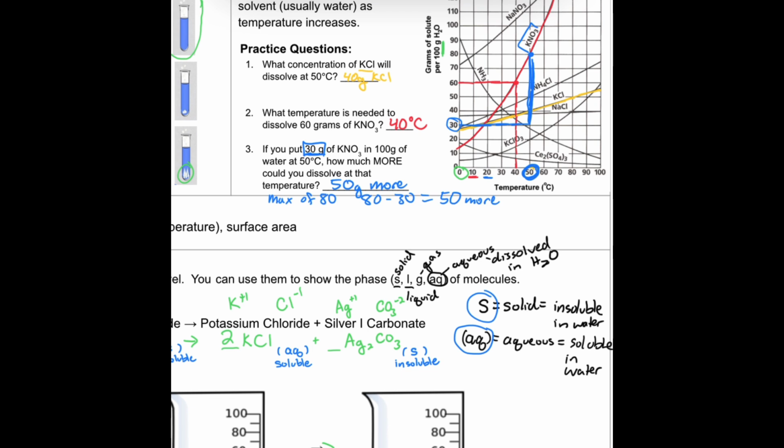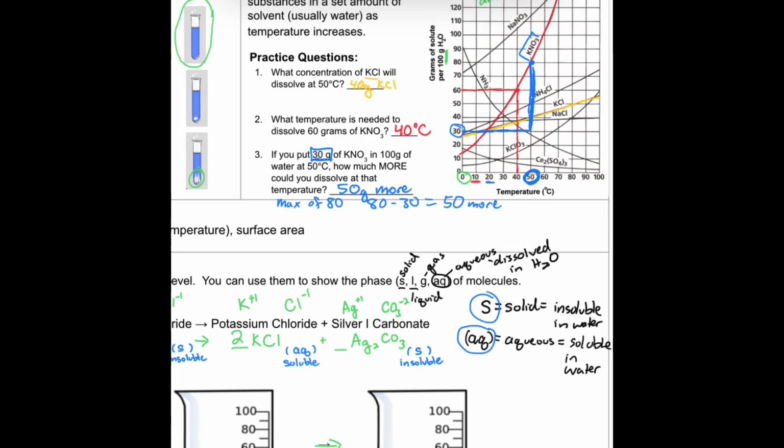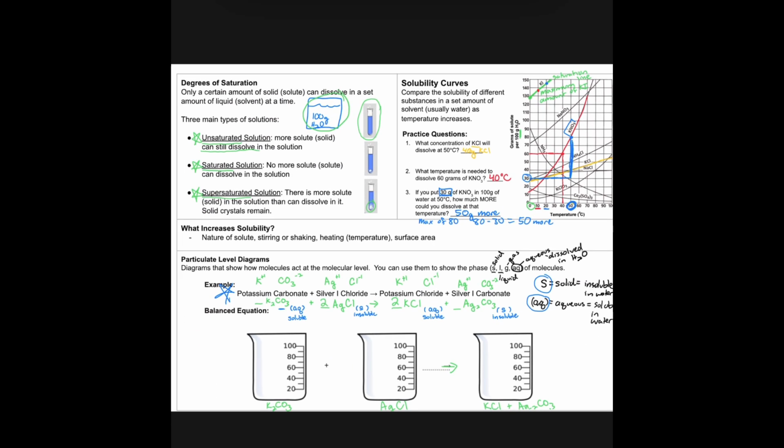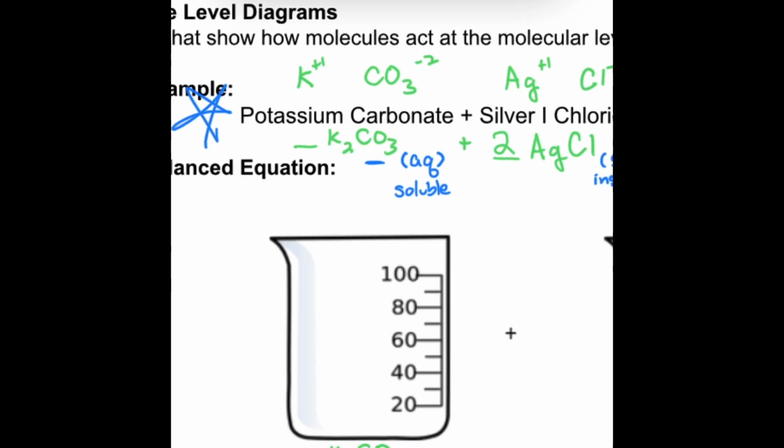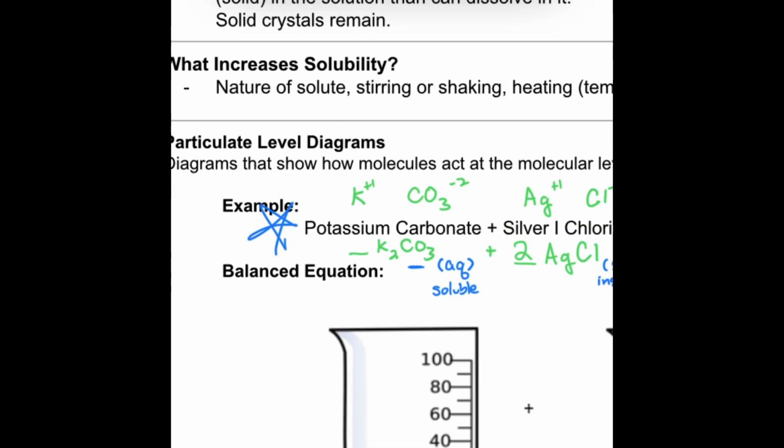All right, so that's just telling you which chemicals to put in what beaker, because again, I'm mixing them together. And the way I'm going to do this is I'm going to use my phase symbols to tell me what to do, right? So the phase symbol for potassium carbonate, which is going in this first beaker, is aqueous, and we know that means soluble.